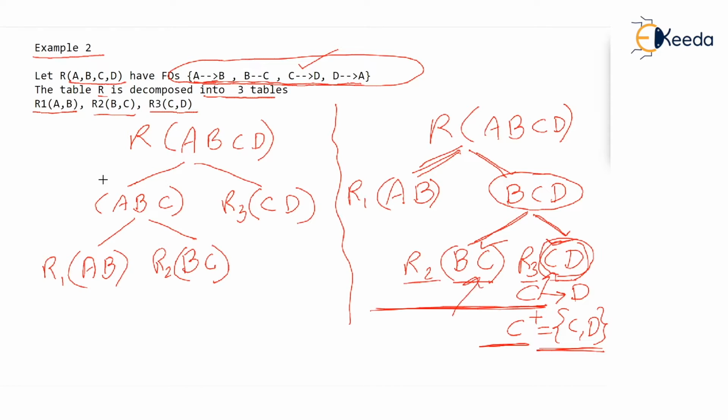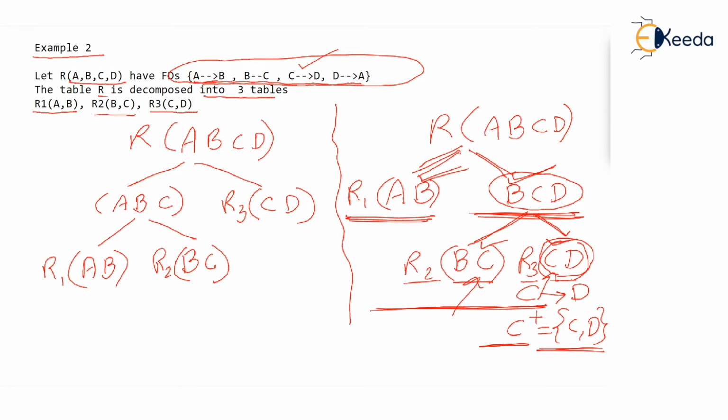key in R3. Now let's go one level up and talk about R1 and this table BCD. That was a temporary table which was further broken down. Now these two tables have a common attribute B, as I am ticking here. Checking lossless again, isn't it?